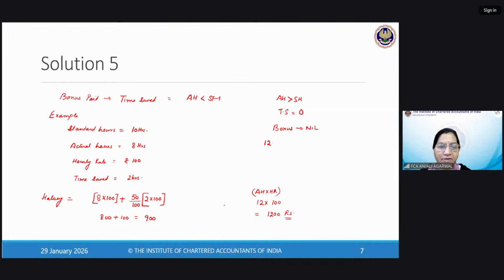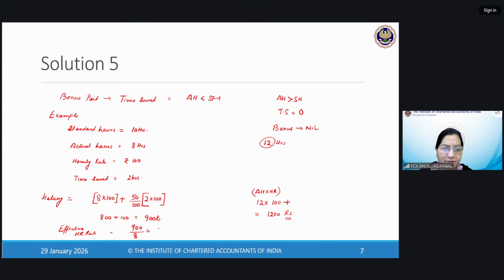When you do this kind of a calculation, you start to compare 900 with 1200 rupees and you end up maybe thinking that what is the benefit of saving the time when the worker who's taking more time, 12 hours, is being paid more. But you will see that the effective hourly rate for worker would be higher here. That means he has earned 900 rupees in 8 hours.